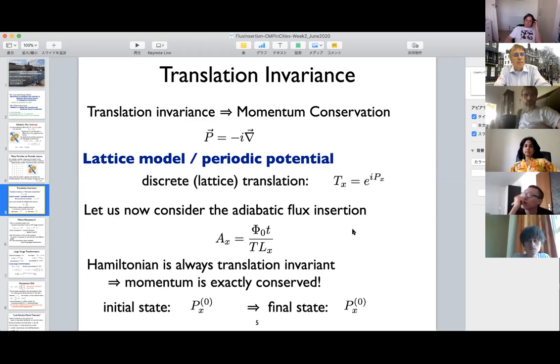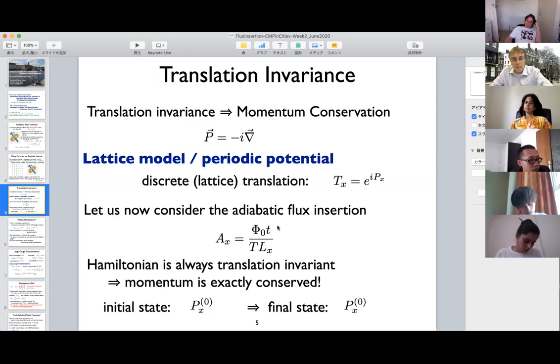Now I do the adiabatic flux insertion, but I can choose a gauge which is uniform, that is, the vector potential Ax, which is defined on each link, is proportional to the time. So when t reaches capital T, you have inserted one unit flux quantum.